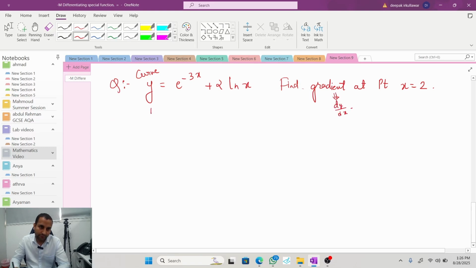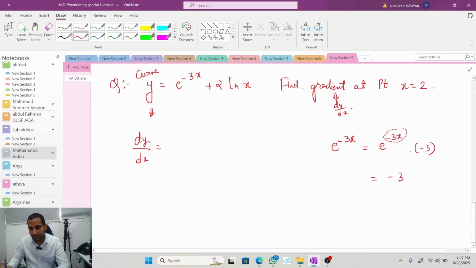So your gradient is nothing but dy by dx. If I differentiate this, y will become dy by dx. What is the differentiation of e to the power of minus 3x? What is the differentiation of e to the power of x? It is nothing but e to the power of x. And what is the differentiation of the top portion? If you differentiate minus 3x, it will become minus 3.